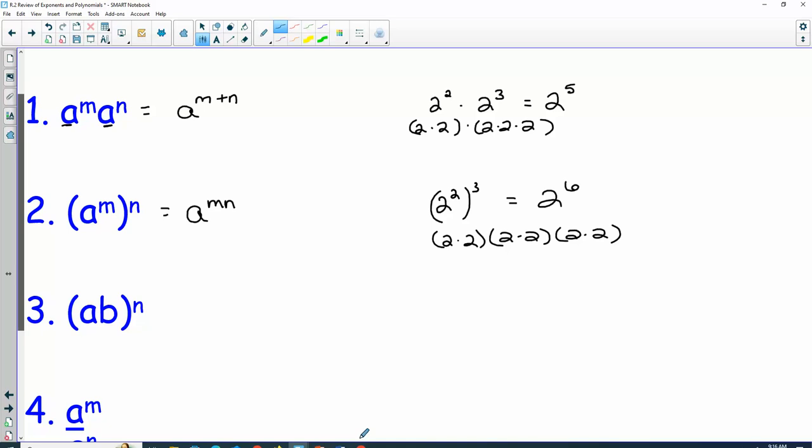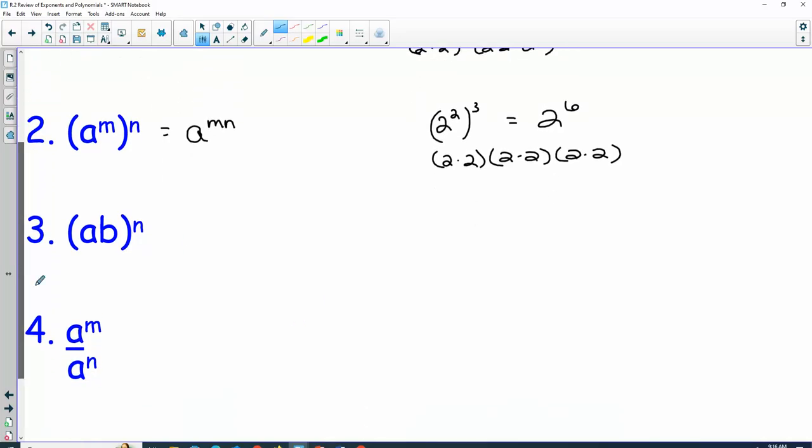Do we remember this from the past? Seen it before? Okay. The third one. Let's say I gave you 3x squared. That square tells me I have everything inside my parentheses twice. I have 3x times 3x.